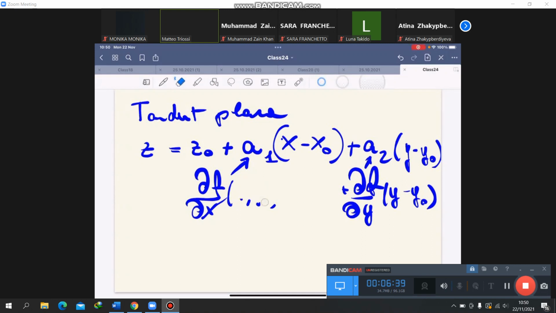So you can rewrite all these things as z minus a1x minus a2y equal b, where b is equal to what? z0 minus a1x0 minus a2y0.